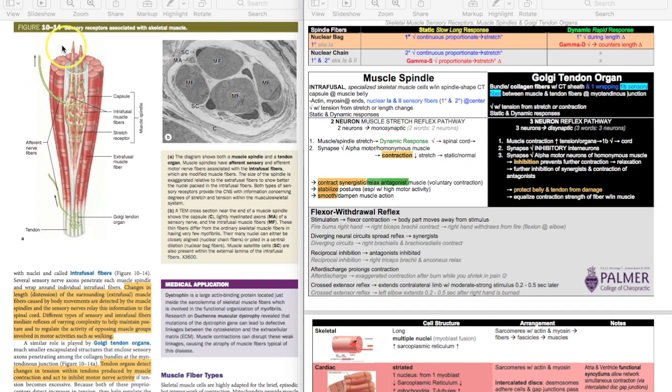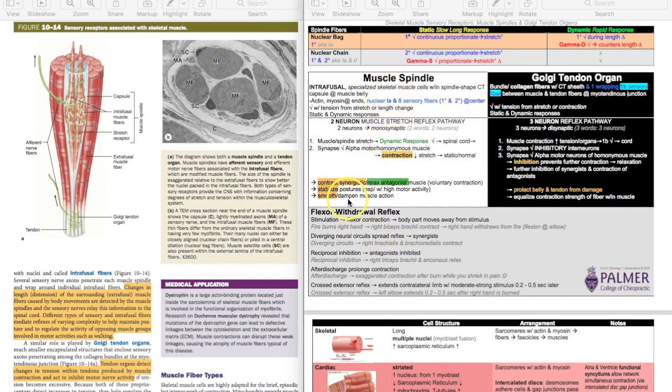So if this is biceps, the Golgi tendon organ is relaxing biceps, relaxing brachialis, and stimulating triceps to extend and counter too much flexion here, or too much contraction. So the Golgi tendon organ is more about protection from overstretch and damage, but it can also equalize the contractile forces.